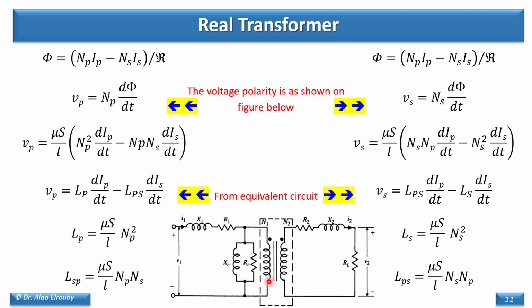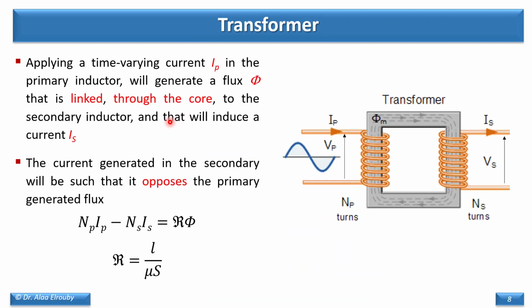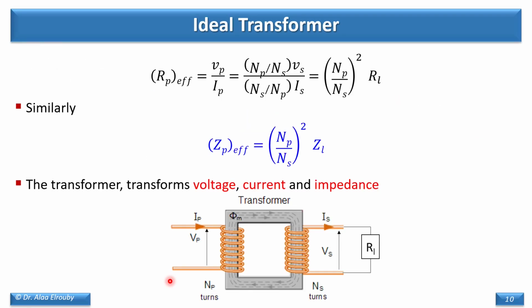We can put negative or positive depending on the direction of winding and the definition of what is positive and what is negative. So V1 equal N primary d phi by dt, and from this relation here, this is phi, and this is the reluctance equal L divided by mu S. Again, the reluctance equal L divided by mu S.